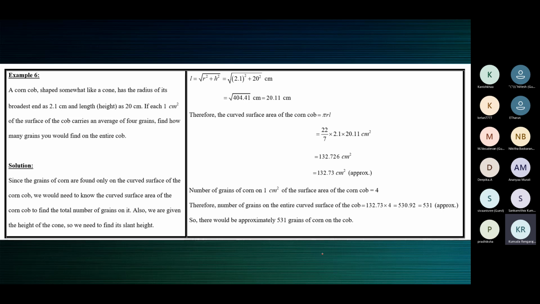What's the formula to find the CSA? Pi RL. Is R given to us in the question? Yes, ma'am. Is L given to us?